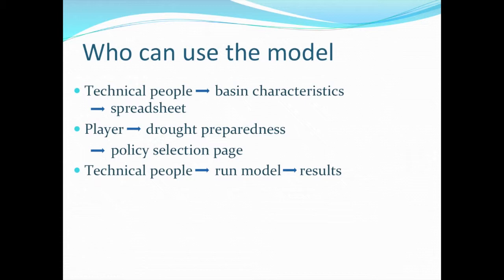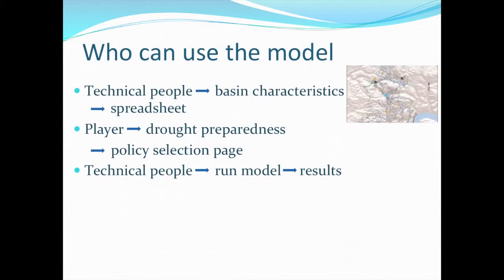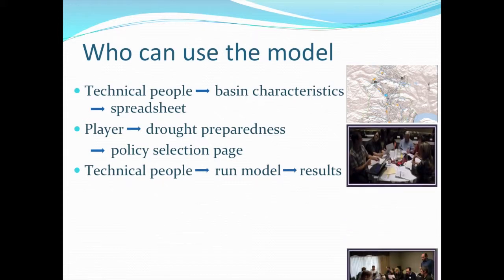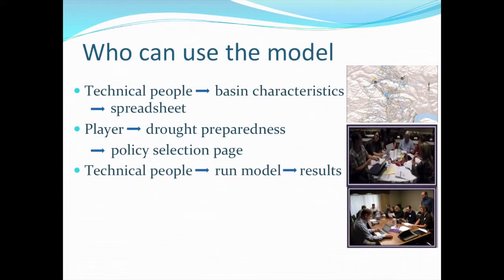During the game, the players choose policies for drought preparedness on the policy selection page. Finally, the technical people run the model and give the results to the team players. Here are the pictures: the basic characteristics, the players choosing policy, and technical people running the model.